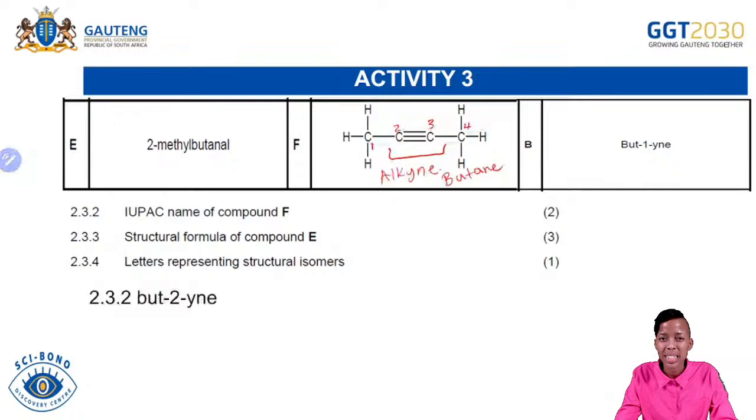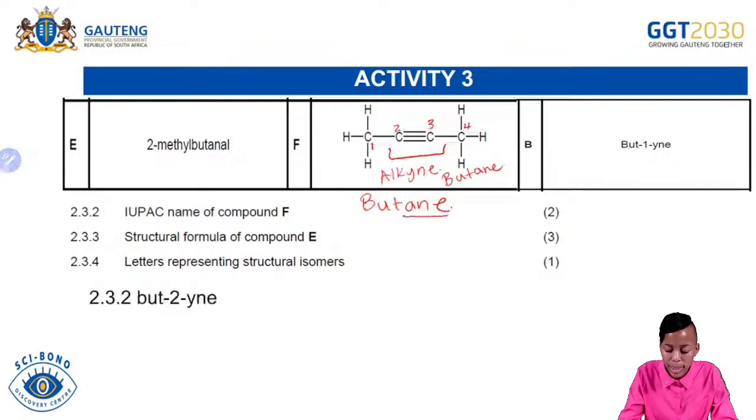You need to indicate the position of the triple bond. So what are you going to do with that name? If it was an alkane, the name would be butane. But because it's an alkyne, the name is butyne.